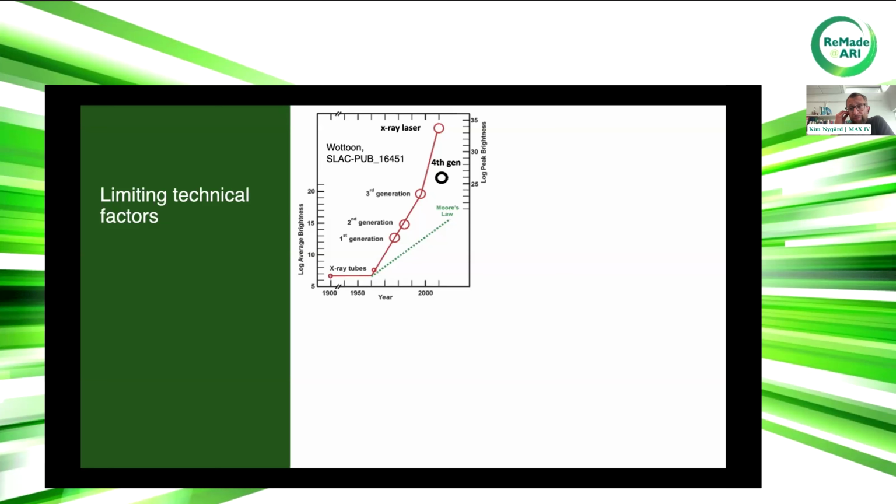Whereas you can do standard small and wide angle scattering experiments in a home lab, if you want to do scanning SWAXS, you have to go to a synchrotron to have enough photons. So that's the first technical limitation.